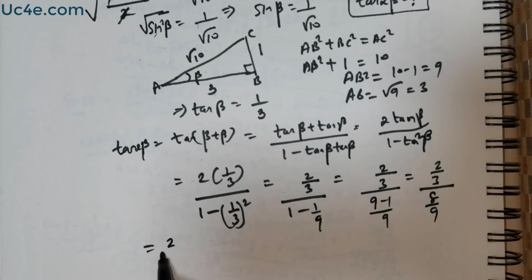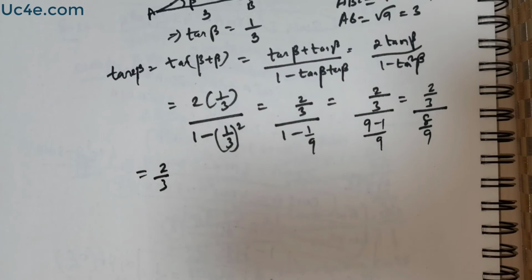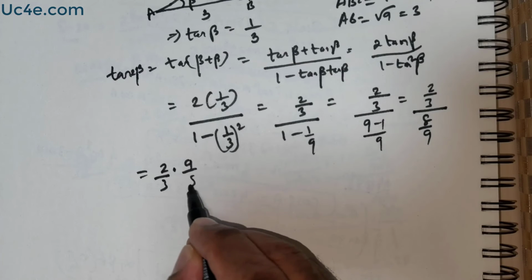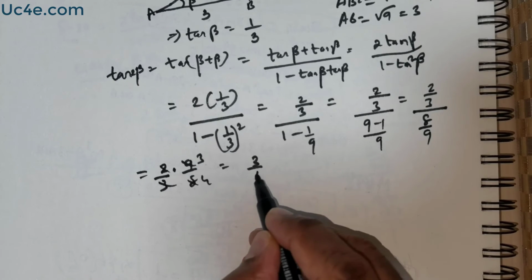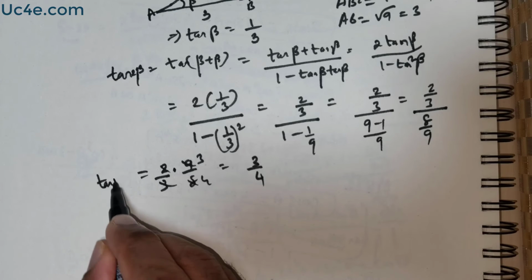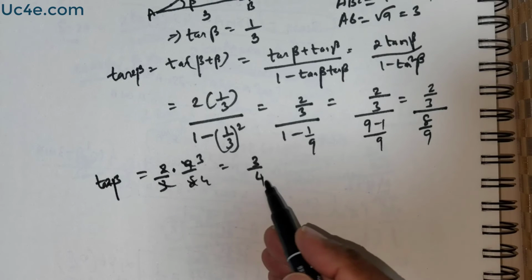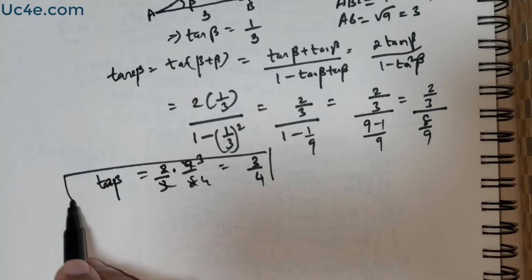If I were to flip it, I get 2 over 3 times 9 over 8. 3 divides here 3 times, 2 divides here 4 times. So I get 3 over 4. So tan 2 beta value is 3 over 4.